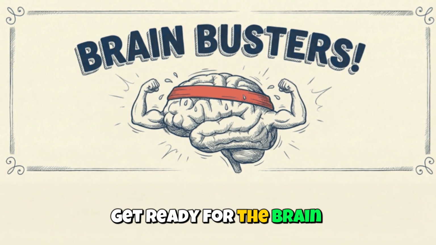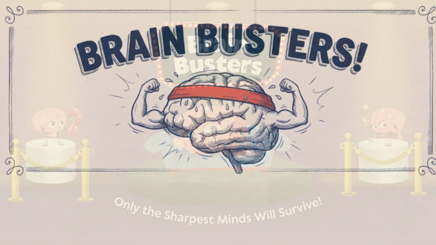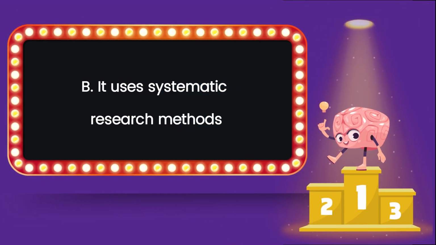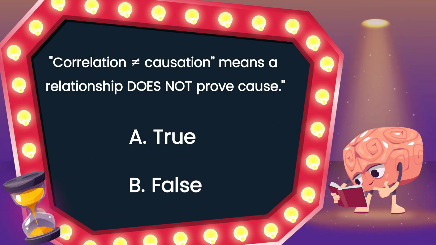All right, now it's time to test what you've learned. Get ready for the Brain Busters quiz. Question 1. Why is psychology considered a science? A. It focuses on feelings. B. It uses systematic research methods. C. It avoids experimentation. Correct answer? B. It uses systematic research methods. Question 2.